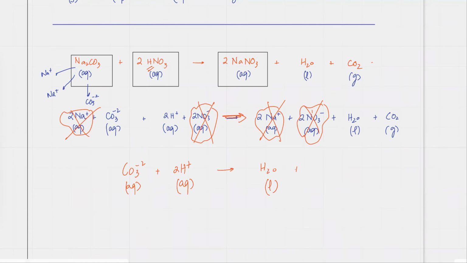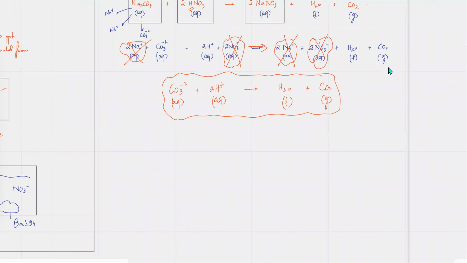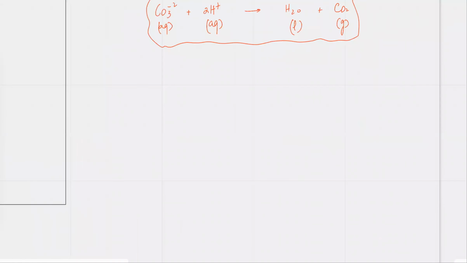And you've got CO2, which is a gas. तो ये आपके पास you have finally gotten your ionic equation. अच्छा, इस तरह आप किसी भी रिएक्शन के बारे में you can construct the ionic equation in a similar manner. So let's try and find another one.